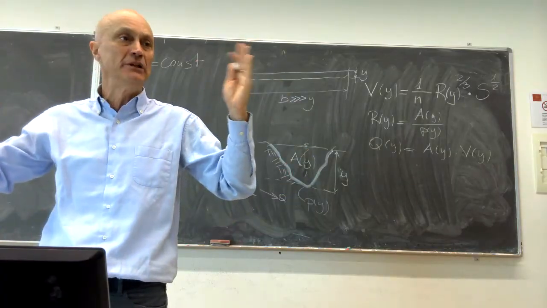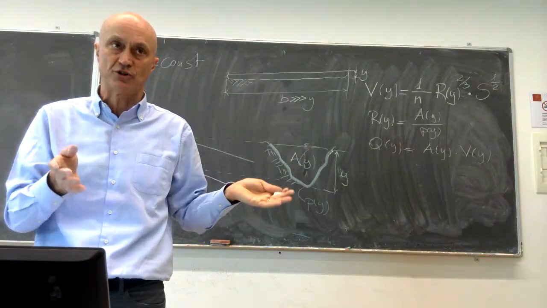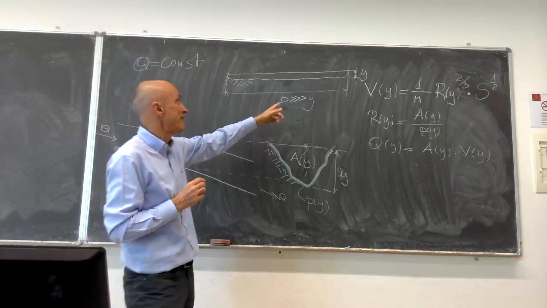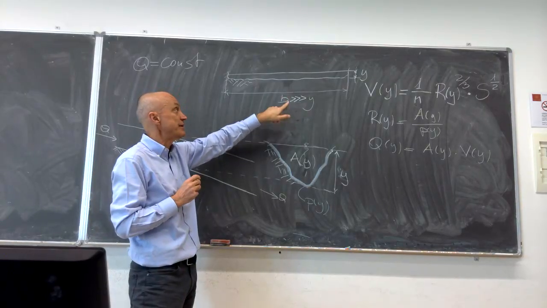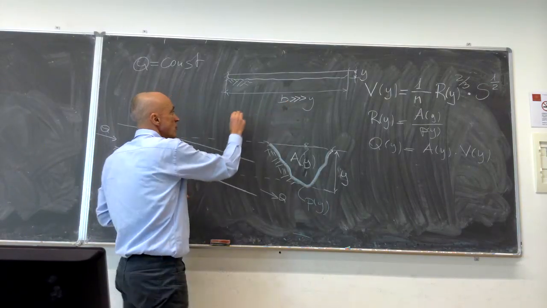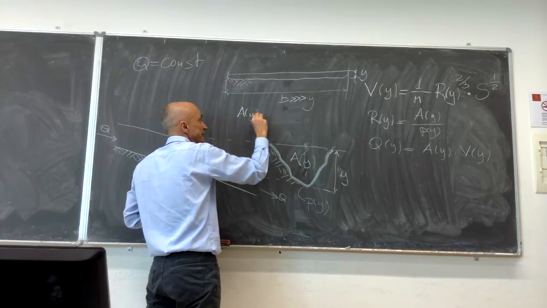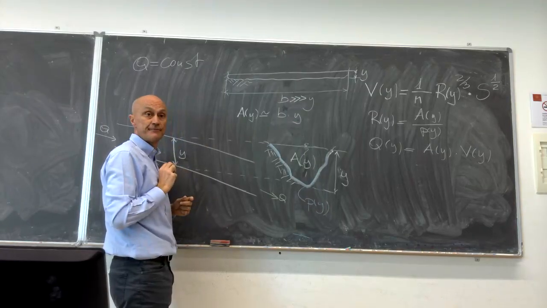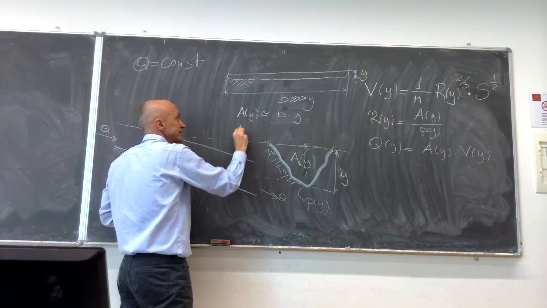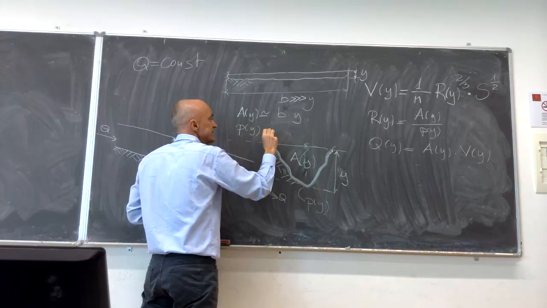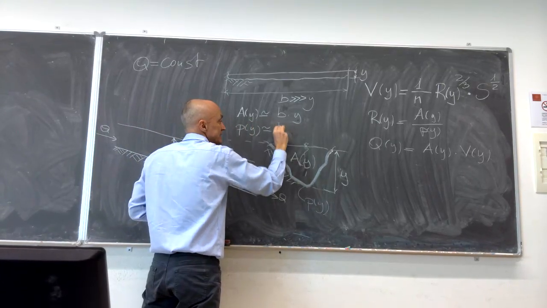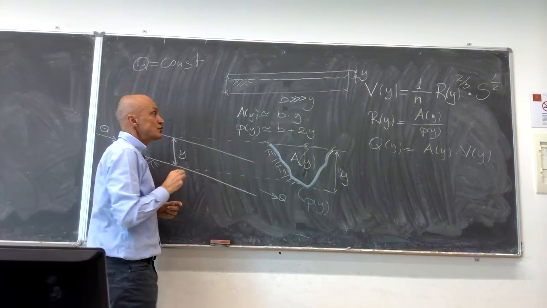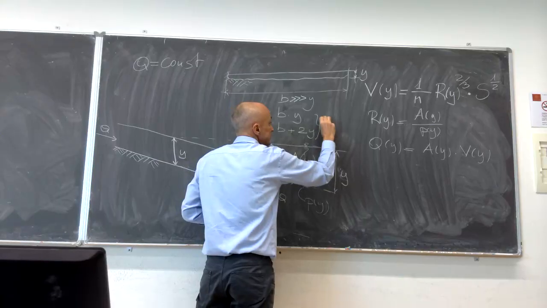What does happen in this situation? Well, the wetted area is approximately the width times the water depth. And the wetted perimeter is what? More or less the width plus twice the water depth. So the hydraulic radius is more or less B times Y divided by B plus 2Y.